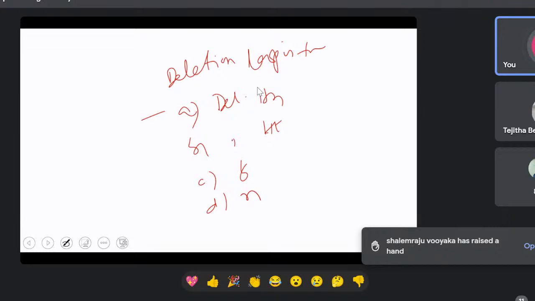A, in deletion homozygote; B, in deletion heterozygote; C, in both; D, none of the above.